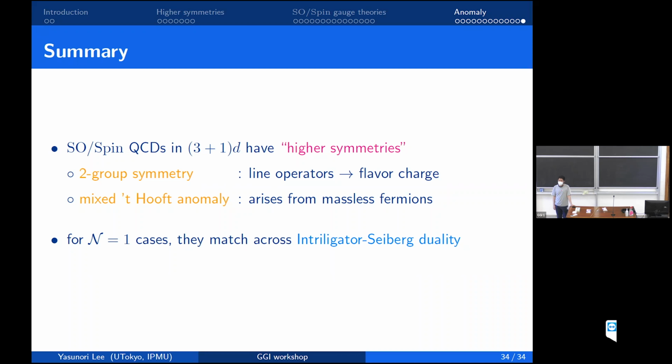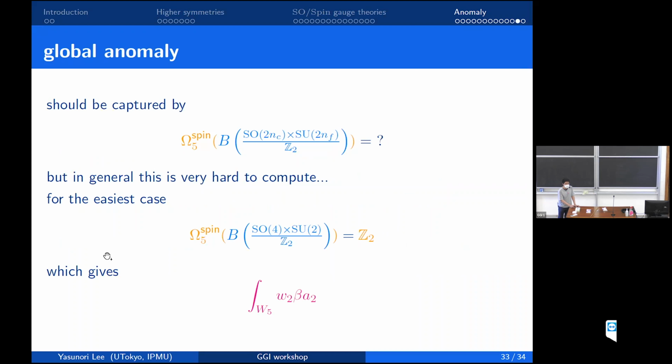Do we have more questions? Yes. In this anomaly that you just showed us, I didn't really understand. Is it an anomaly between the center symmetry and the flavor symmetry? Yes. So this W2 is the background gauge field for the Z2 one-form symmetry of the spin gauge theory, right?